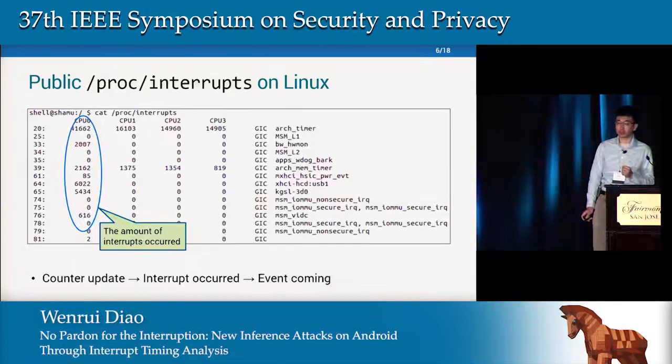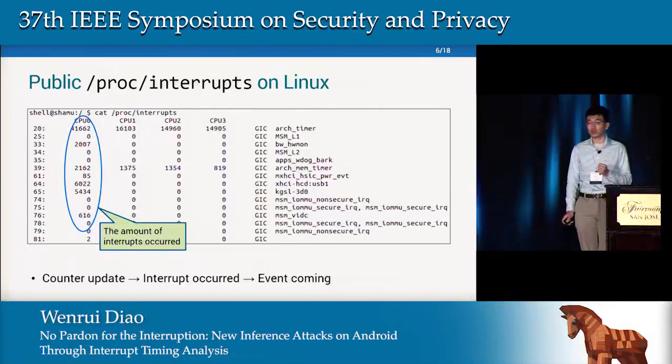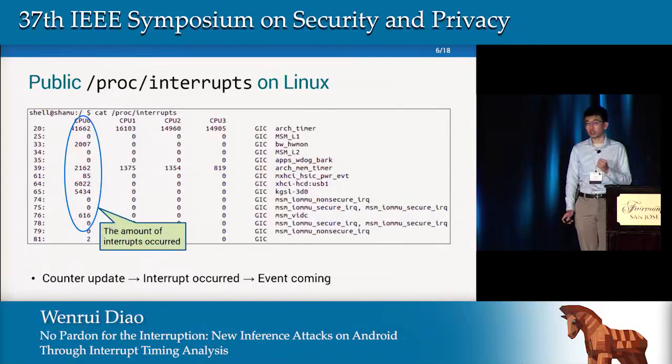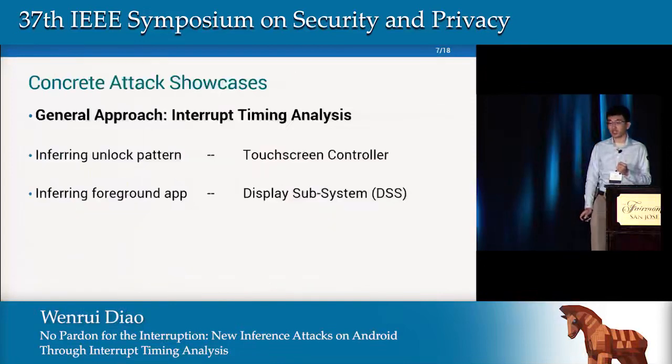Each counter corresponds to a different kind of interrupt. So a counter increasing by 1 means an interrupt occurred, that is, a new event is coming. Through monitoring the interrupt time series of such a file, user-sensitive information could be inferred. We call it interrupt timing analysis.